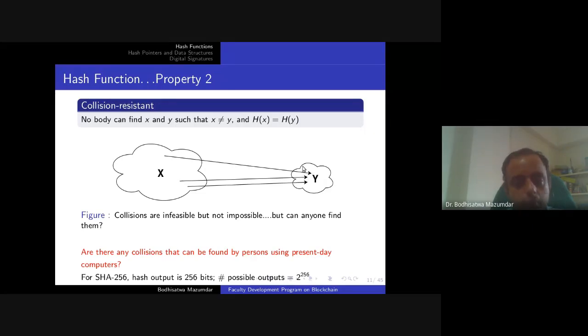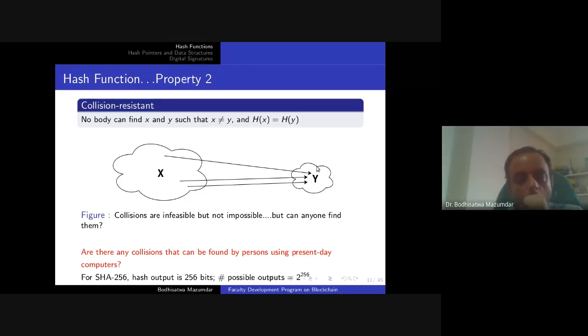But the sample space of the output y is so high, a 256-bit output means the size is 2 to the power 256. That is very high.